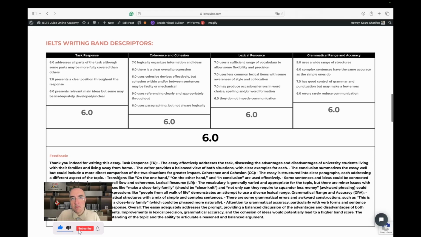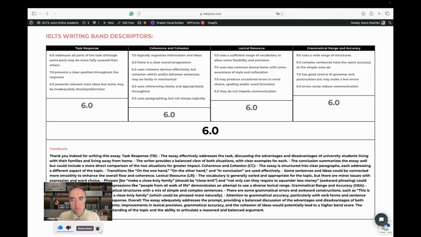All right. Yes. Quadruple sixes. Why? The task is addressed, all of them, but one is addressed more fully than the other. The drawbacks, I expected 2 drawbacks, I received only 1.